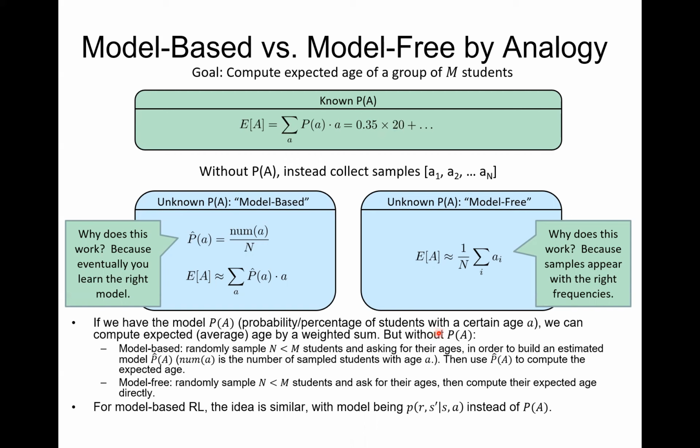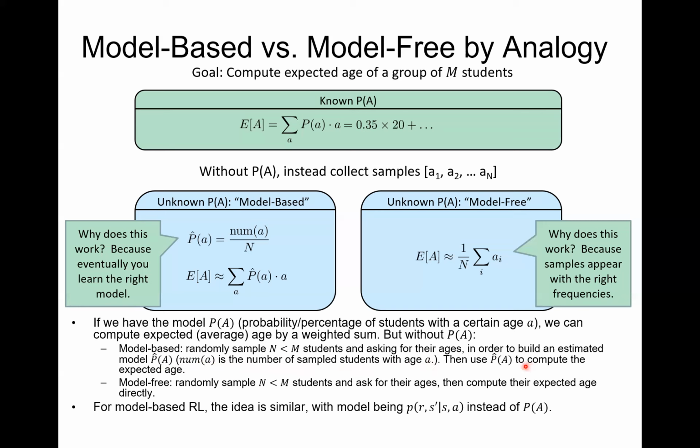But without knowledge of P(A), that is, you don't have the model, you can do either model-based, that is, randomly sample a number of students, n, less than M, and ask for their ages in order to build an estimated model p hat, where num(a) is the number of sampled students with age a.